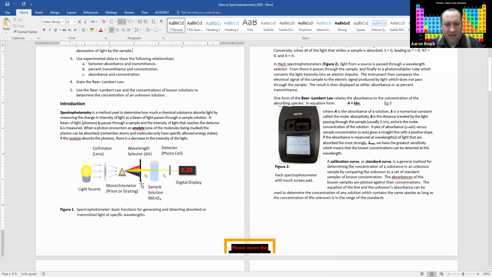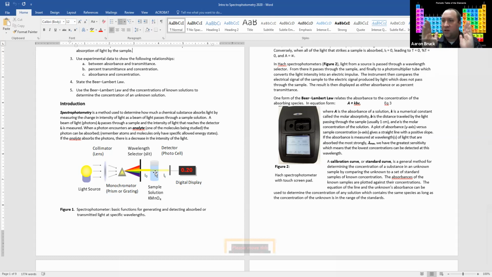And what we are testing is how much light was there before the sample and how much light is there after the sample. And so based upon that, we can say, okay, we know how much was there before, we know how much is there after.